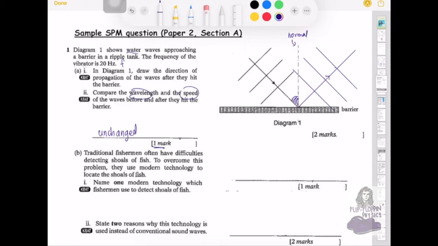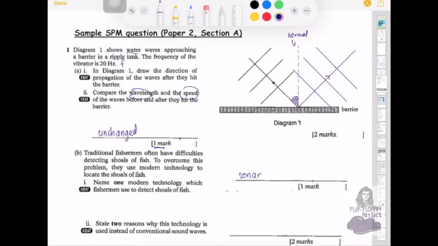And then question B, we haven't learned this yet because it's in sound, but I'm just going to give you some of the answers here. Some modern technology is used to detect the shoals of fish, because this is in terms of the reflection of sound. So you can use sonar, for instance, because the question is about reflection. And then two reasons why this is used instead of conventional sound.